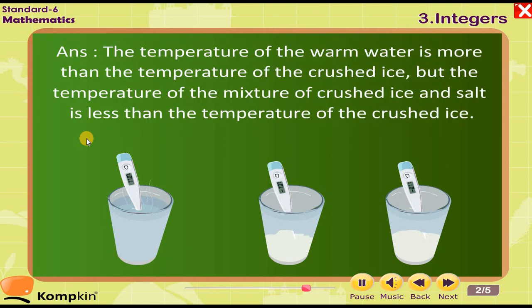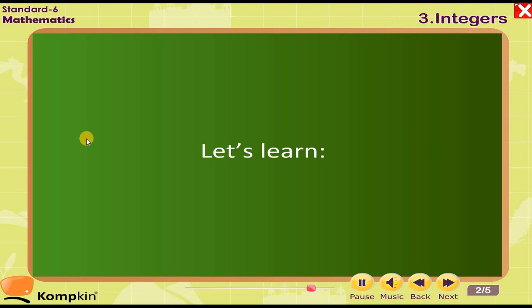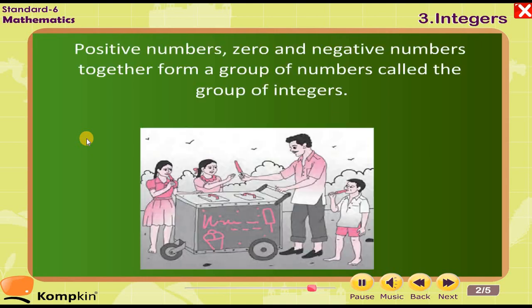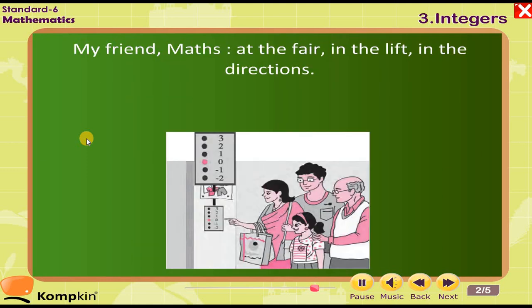Answer: the temperature of the warm water is more than the temperature of the crushed ice, but the temperature of the mixture of crushed ice and salt is less than the temperature of the crushed ice. Let's learn integers. Positive numbers, 0 and negative numbers together form a group of numbers called the group of integers.